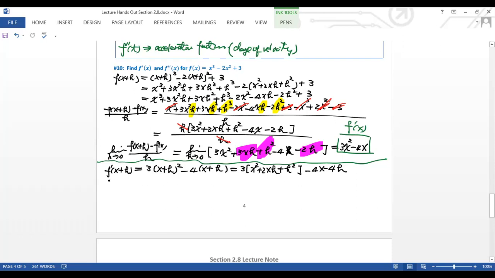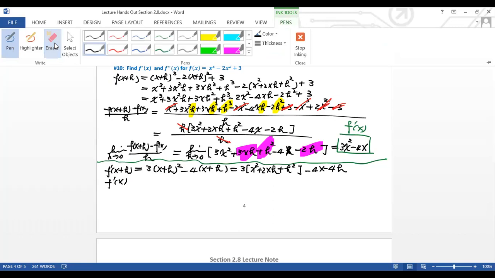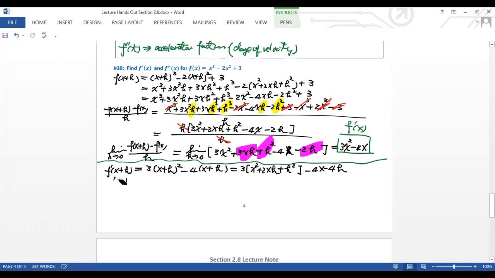Okay, now I do f prime x here, right? So now I will do the same thing. So I will do f prime of x plus h minus f prime of x, then over h. Let's see what we have here.